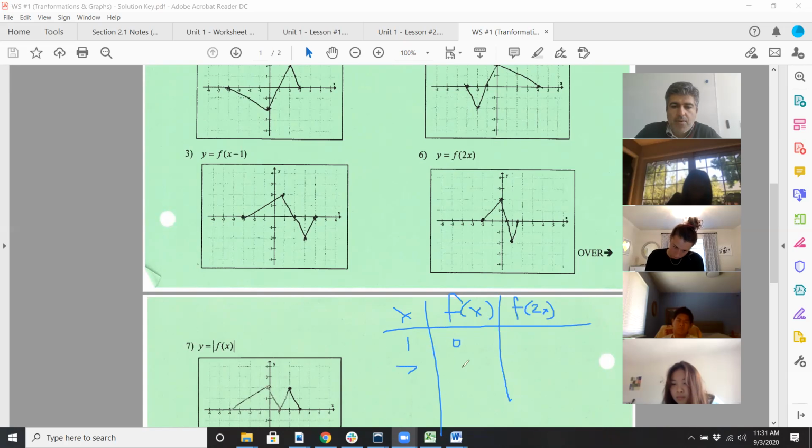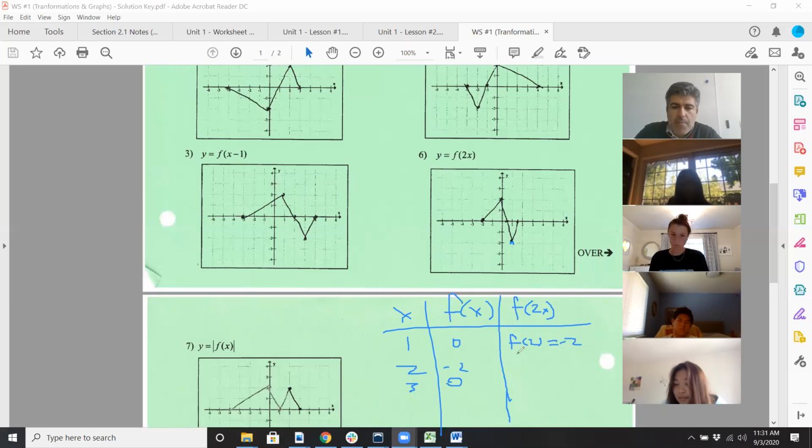X is 2 is -2, and x is 3 is 0. So now this is going to be f of 2, which of course equals -2. So that's why you have a point at (1, -2). Okay, I think that could work for us.